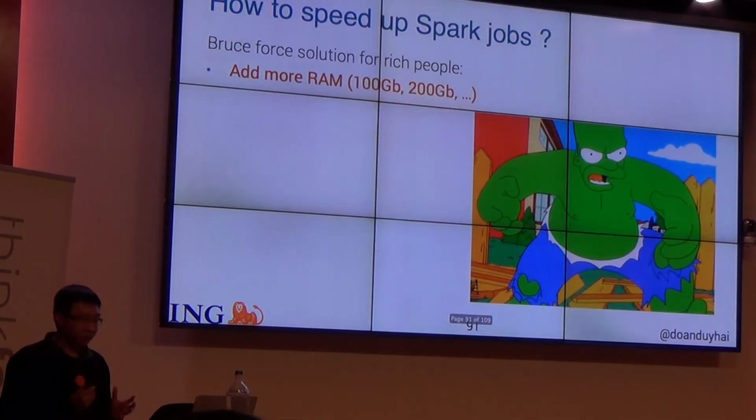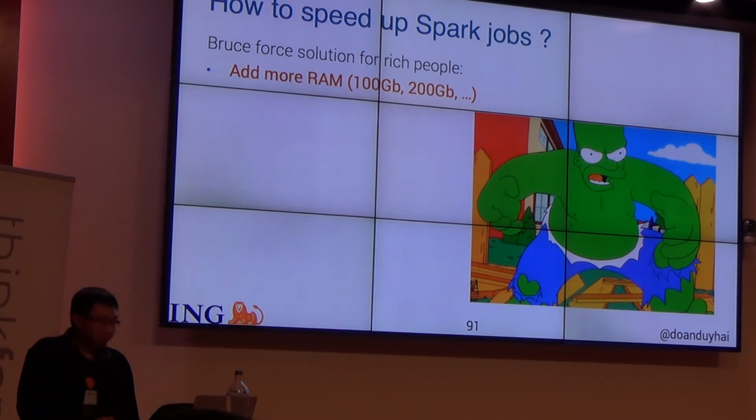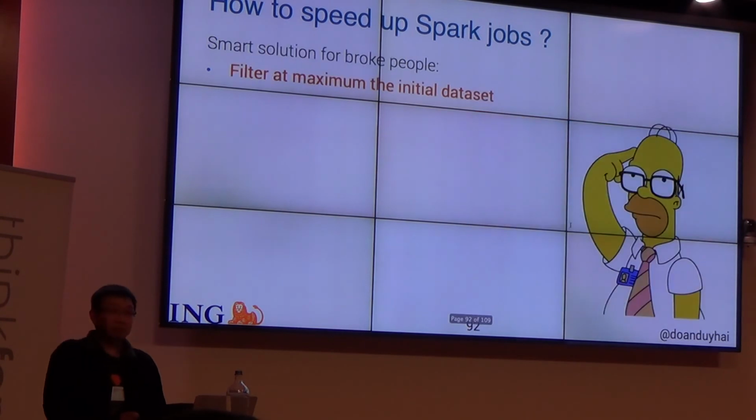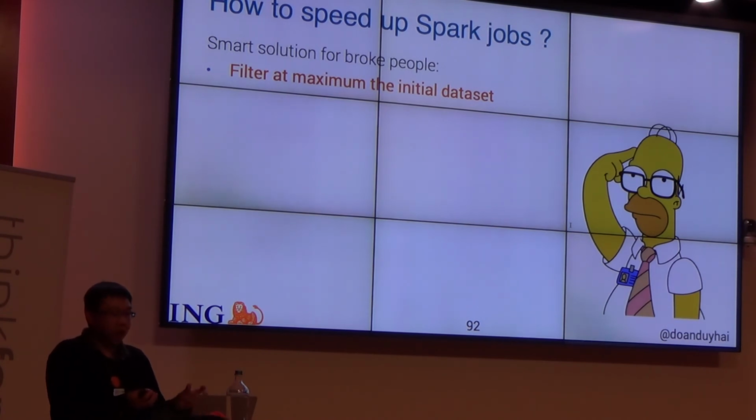But in fact the idea is, you mentioned it before, what happens if I don't have enough memory? Well, spend money, buy more memory. Or you don't have much money to waste on lots of RAM. You must filter your data the maximum from the beginning directly from Cassandra, so that what is going out of Cassandra is a very small data set.